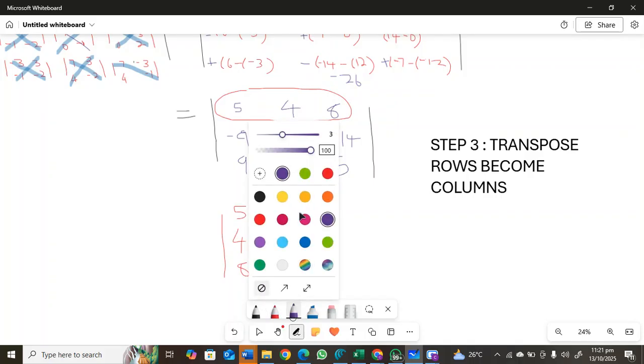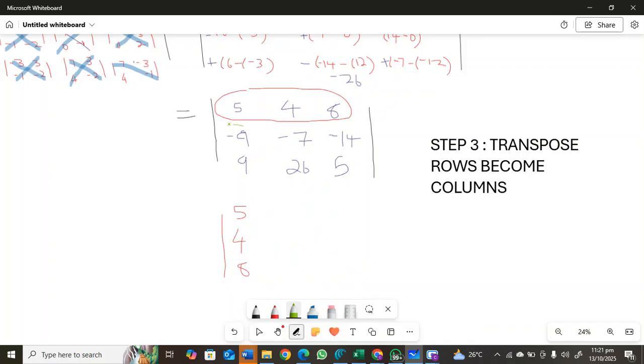You move to the second row, this one here, so it becomes -9, -7, -26.